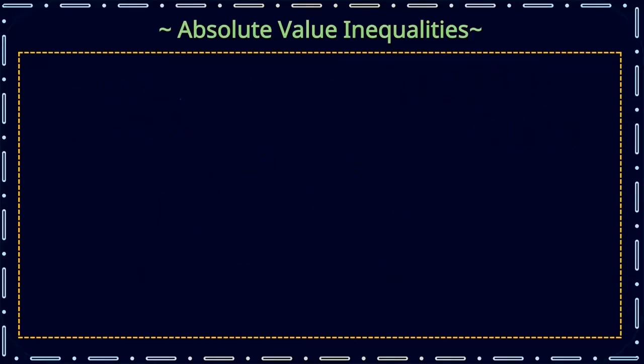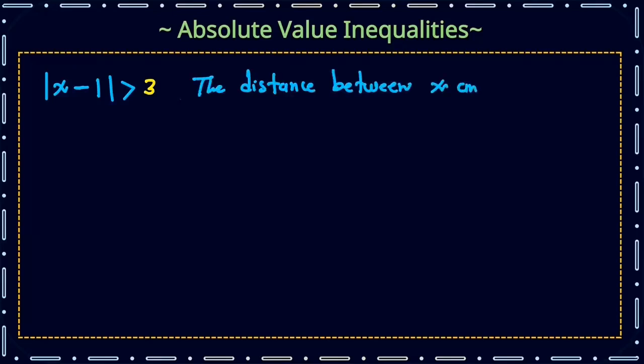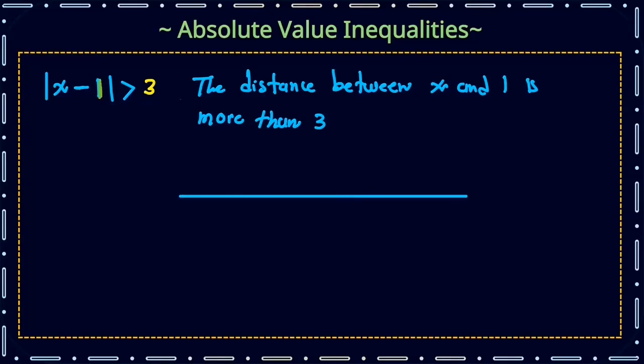Now let's look at a more than or at least case. Again, this reads as the distance between x and 1 is more than 3. Let's look at it on the number line. Our center is 1.